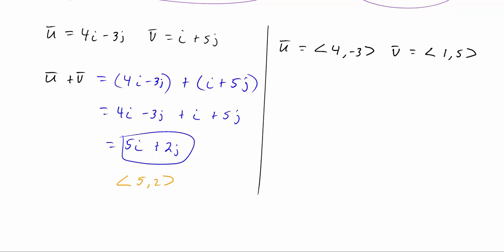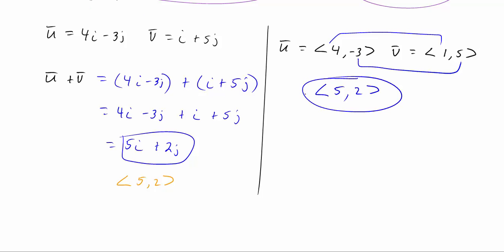And then if we were to add these two vectors together, we would have 4 plus 1, which is 5, negative 3 plus 5, which would be 2, and realize we come up with the exact same answer as we did before. So once again, this is just another way to write our vectors in this linear combination format.